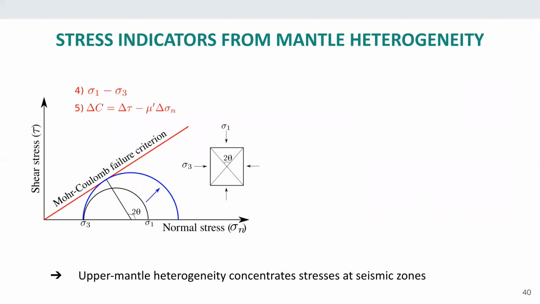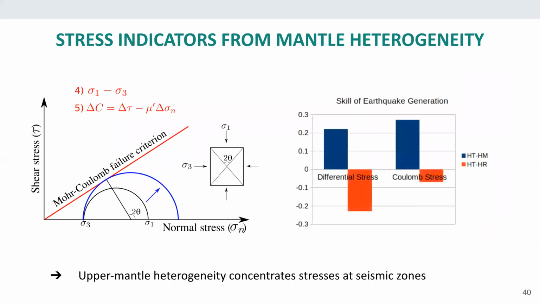Looking at the scale for these model configurations, we see positive scale for both differential and Coulomb stresses for the model that has all the upper mantle heterogeneity, but not for the model that only has the lithospheric root. This suggests that the earlier idea of a lithospheric root concentrating all the stresses is not shown by our models.